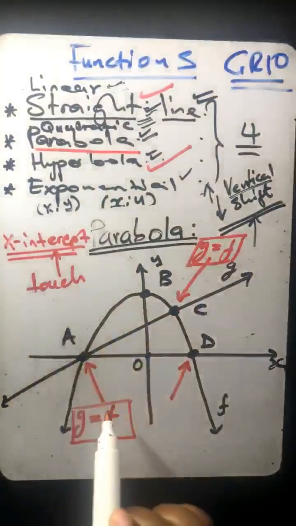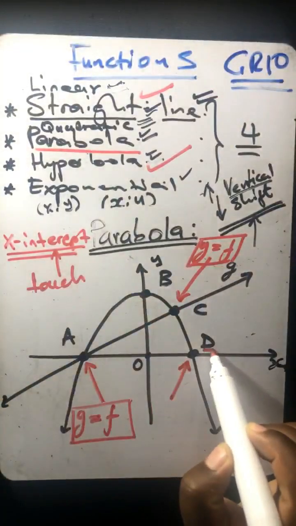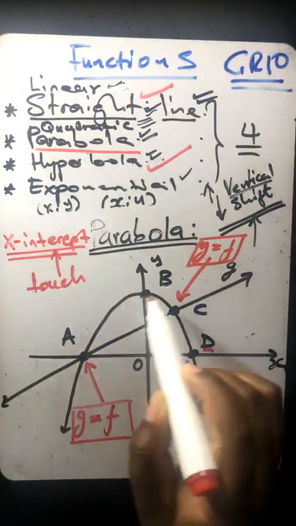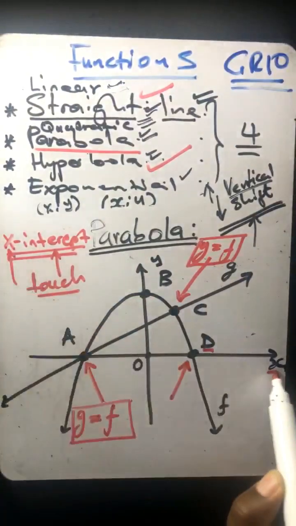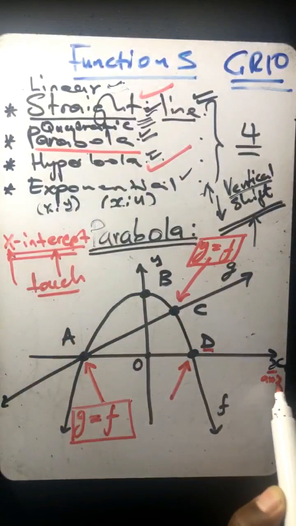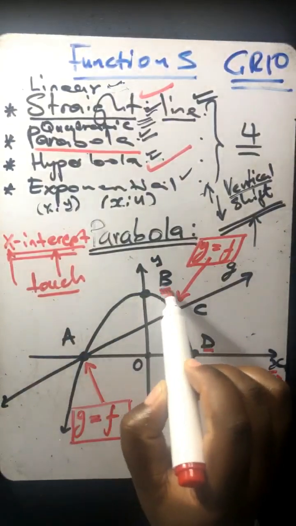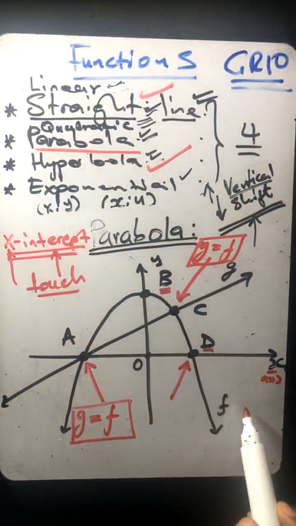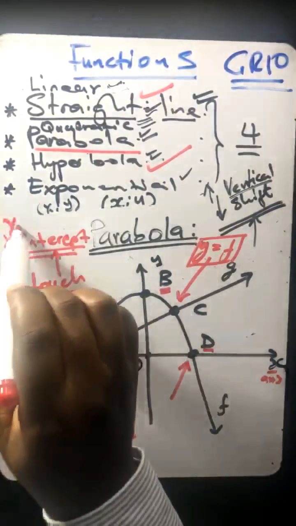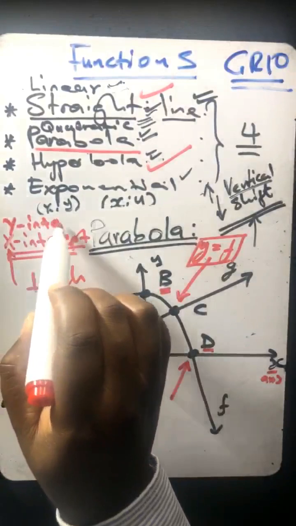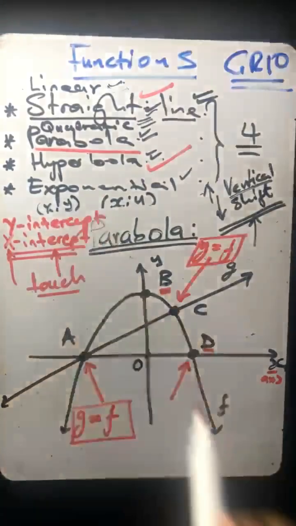So we're simply saying at point D, that is where this graph touches the x-axis. At point B, that is where this graph touches the y-axis. That's why we say it is the y-intercept.